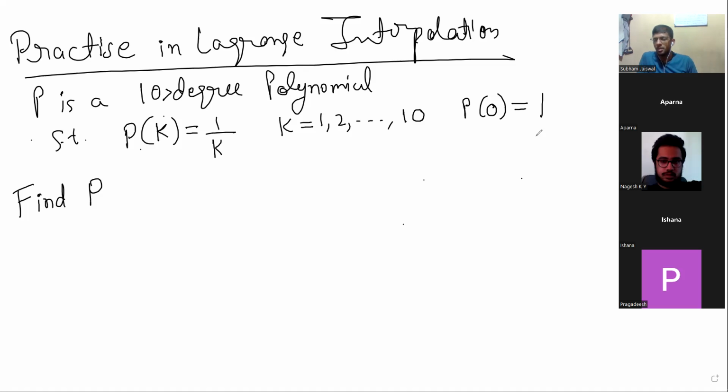If you want to, you can just do it by interpolation also. That would be an option. Sir, we have to tell P in terms of the Lagrange interpolation, right? Yes, in terms of interpolation.